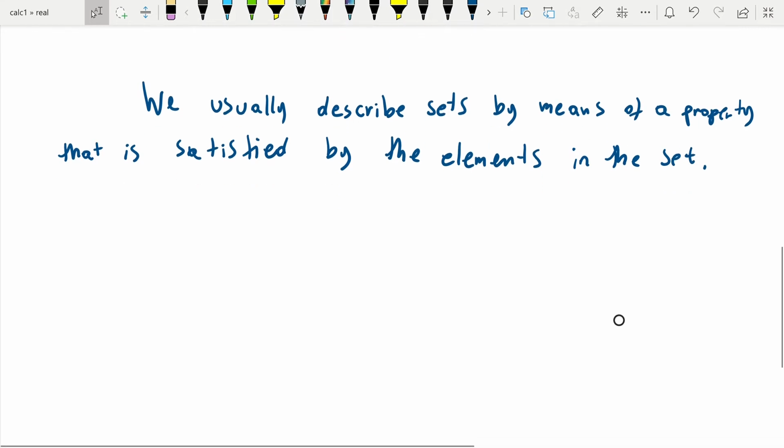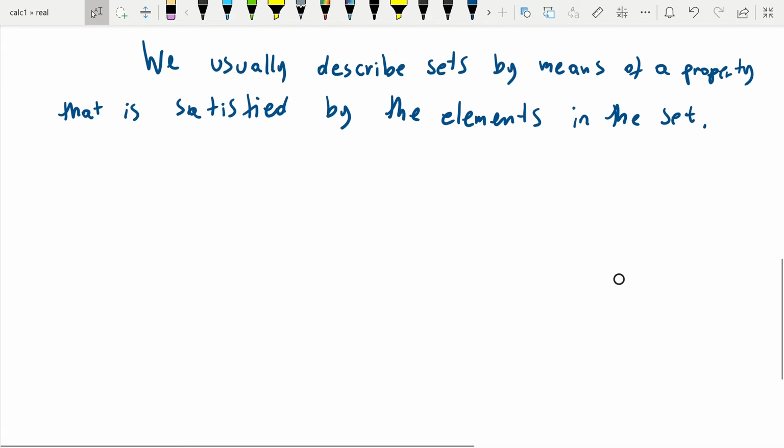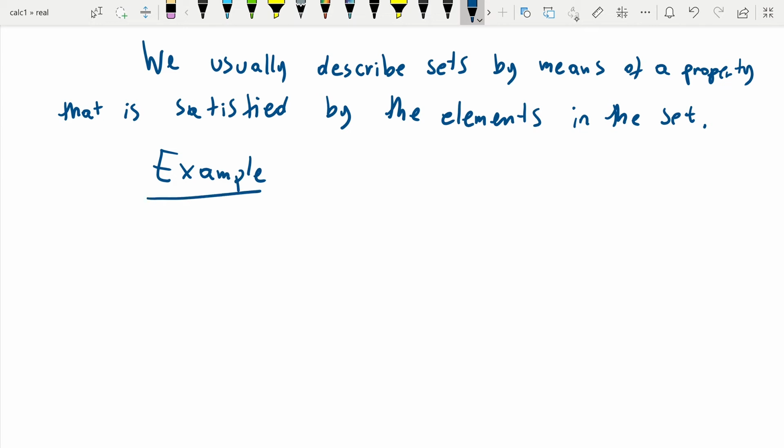Okay, so one example that actually links what happened in the previous subsection is the set defined in the book as the elements r in Q, the set of rational numbers, such that r squared is less than 2.